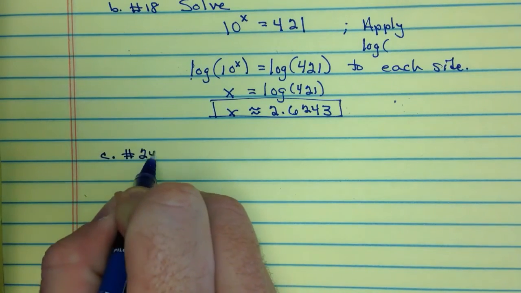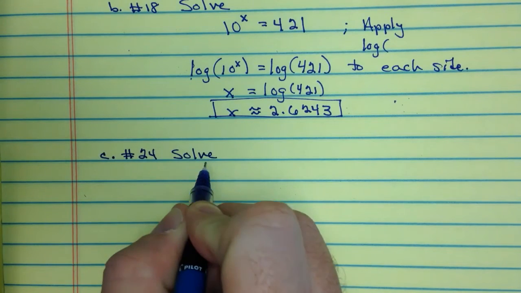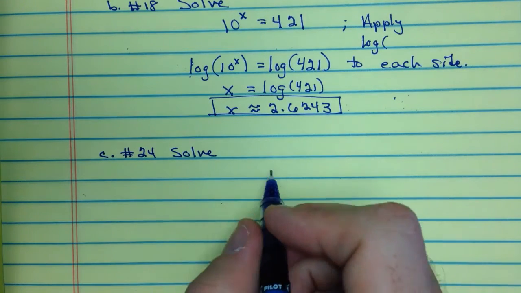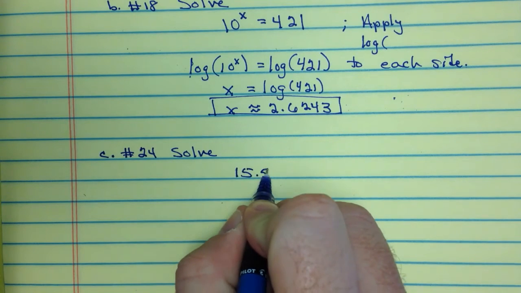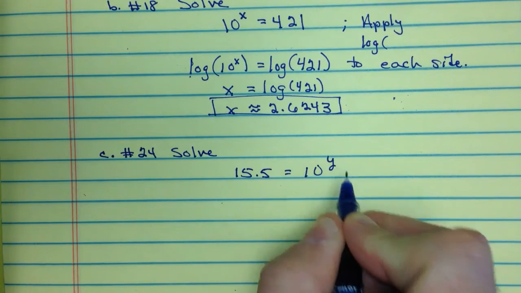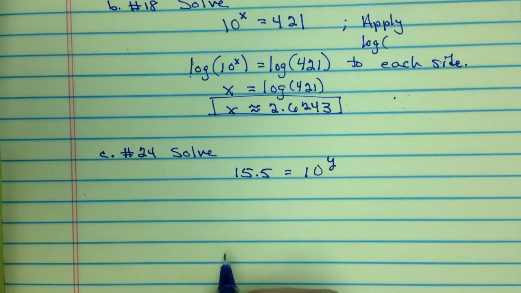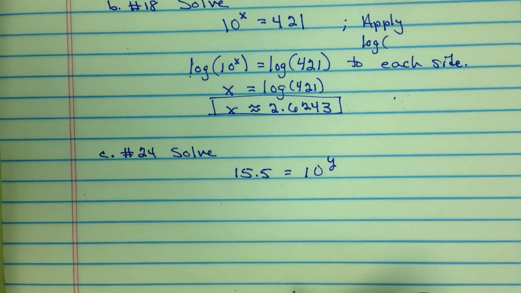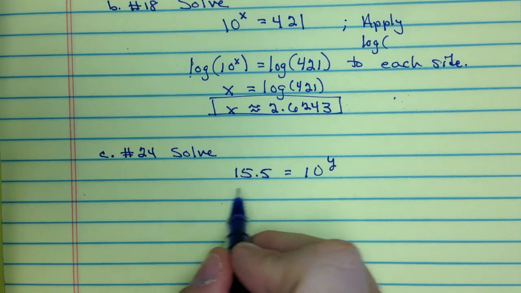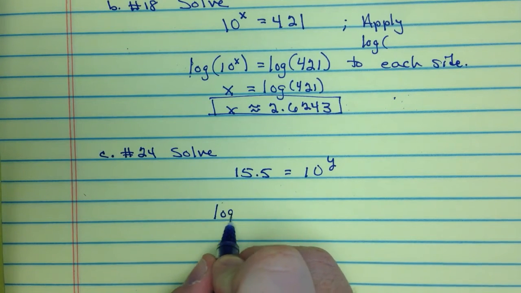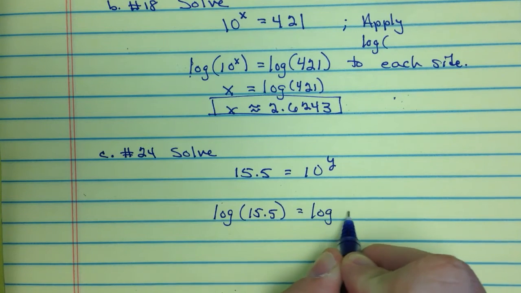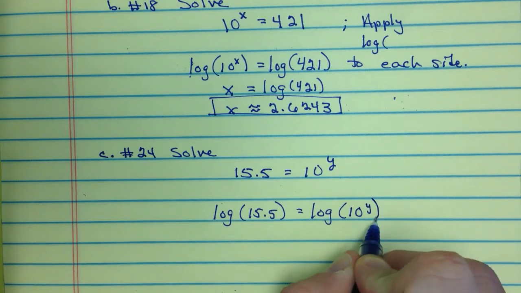Let's look at number 24. Let's solve this equation: 15.5 equals 10 to the y. We do the same thing we just did. We want the 10 to the y to be by itself on one side, so we have that. Now we just apply log to each side. So we get log of 15.5 equals log of 10 to the y.